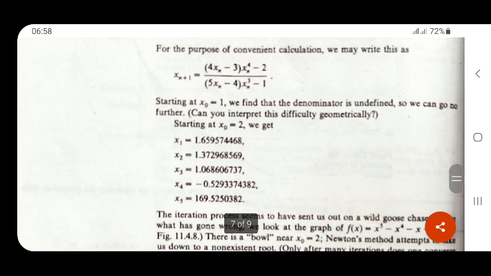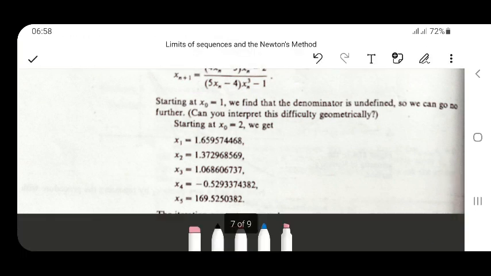We will do it like this. Here f of x is given. I will randomly give some integer values to x naught and see what f of x naught is. Here f of x is x raised to 5 minus x raised to 4 minus x plus 2.